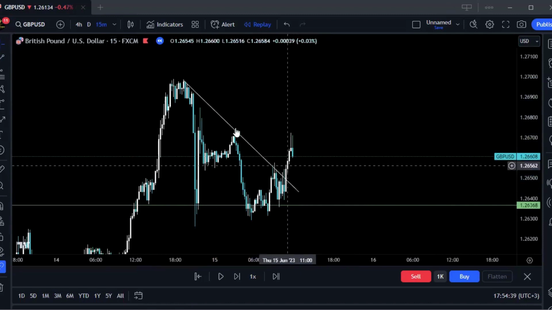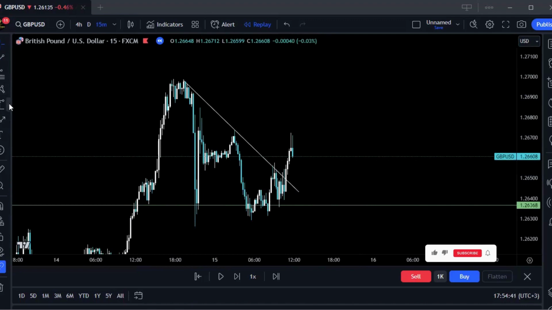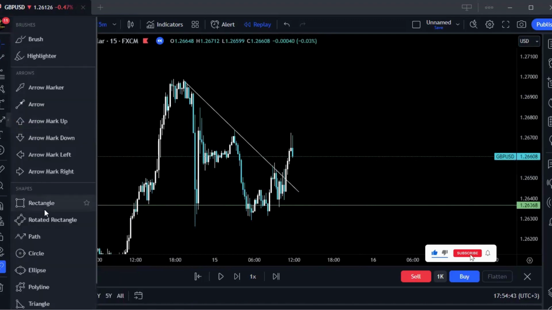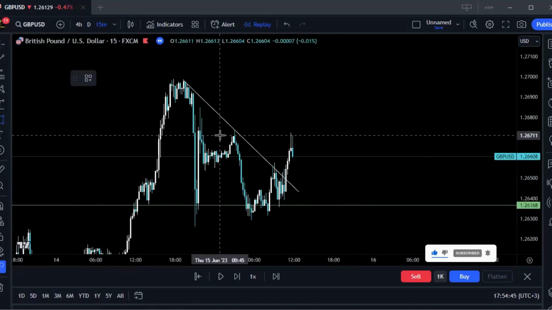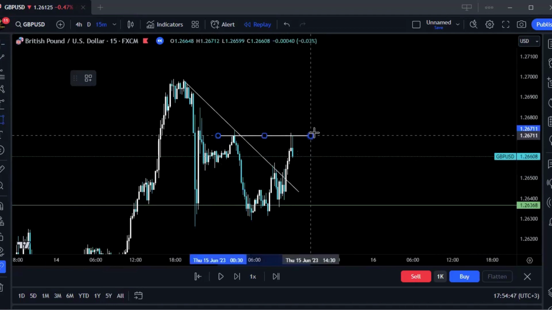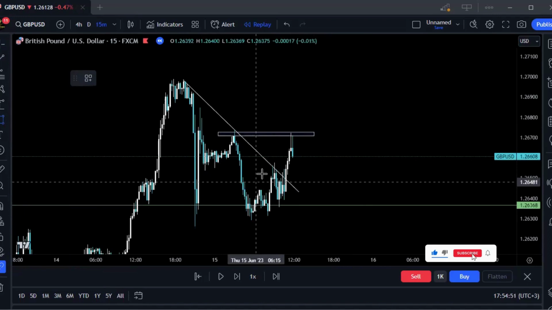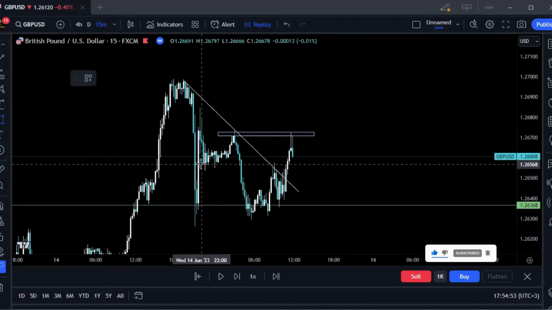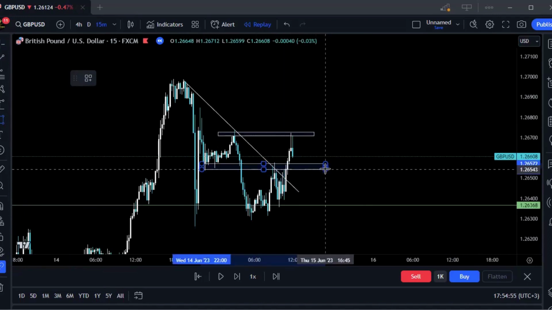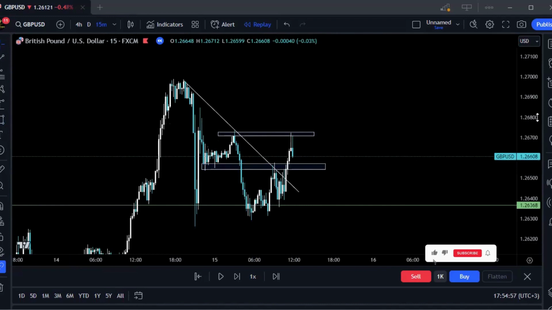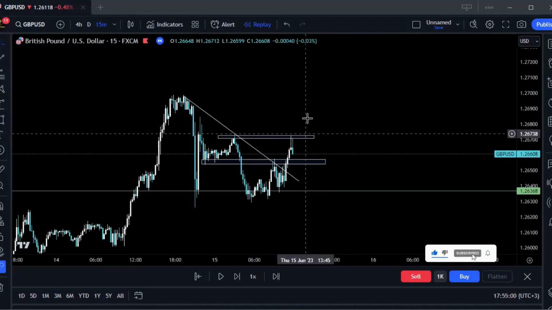Okay, prices have broken below that low. That high. So should prices break above here, I'll be looking for a buy.